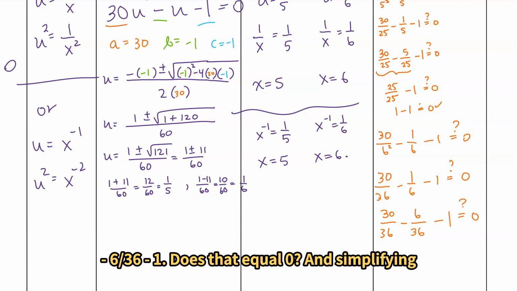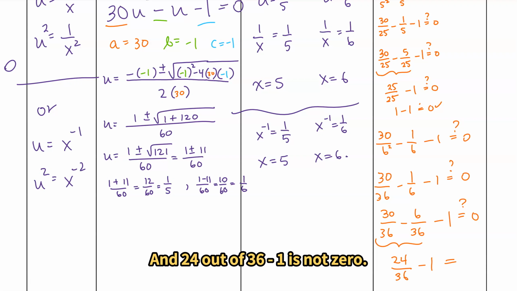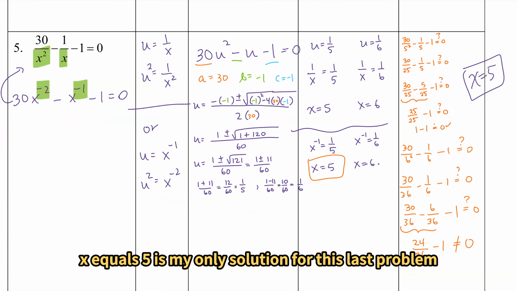Does that equal 0? And simplifying here, 30 minus 6 will give me 24. And 24 out of 36 minus 1 is not 0. So 6 does not work. So x equals 5 is my only solution for this last problem in number 5.